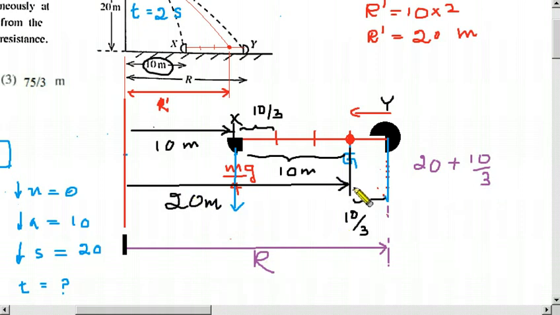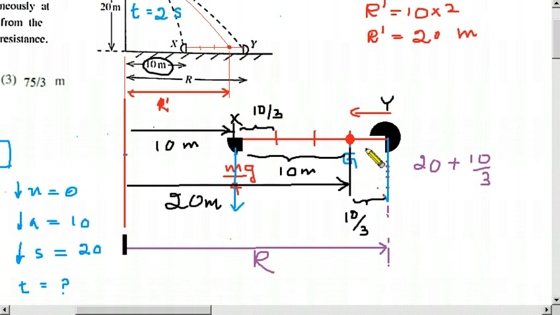20, and this small piece we have now found from this part is 10 divided by 3, because altogether the length of these three parts is 10 meter, and one piece is 10 divided by 3.